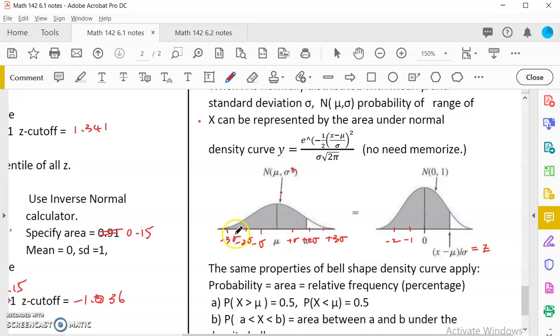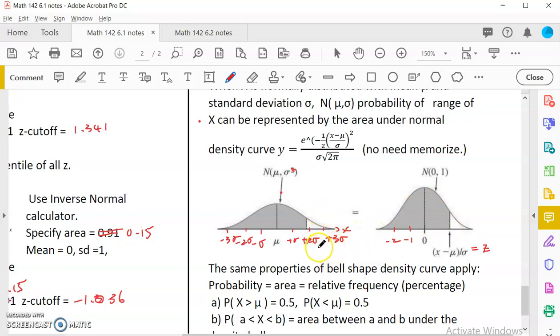But they could be positive numbers. So this is symmetrical on the y-axis, but this is not. It's just an x value. But it turns out that the areas are the same. The total area of this curve is 1. This total area is also 1. It looks bigger here because of the scaling, but they're actually the same.